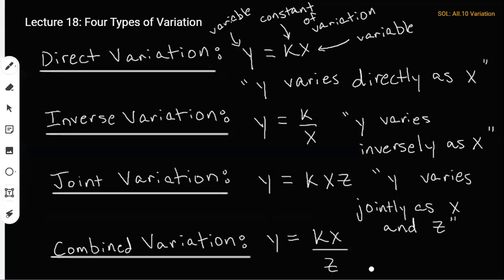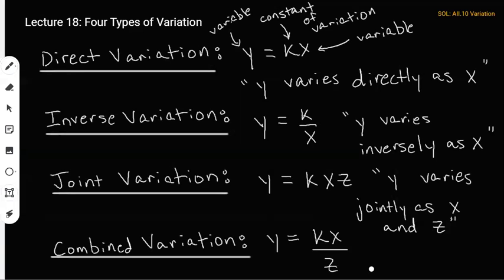So those are the four different types of variation. And the problems that we're going to look at today are going to ask you to write an equation. So you're going to choose from these four that we just talked about. And you're just going to switch the variables around.